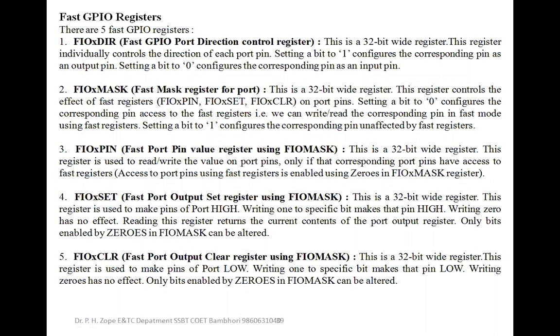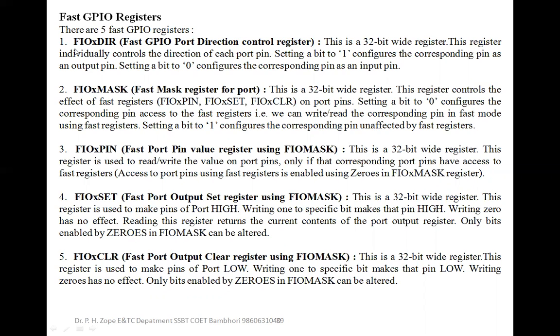The fast GPIO registers are divided into 5 different categories. These are the 5 registers, and here I am giving them to you one by one. The first fast GPIO register is named FIOXDIR.